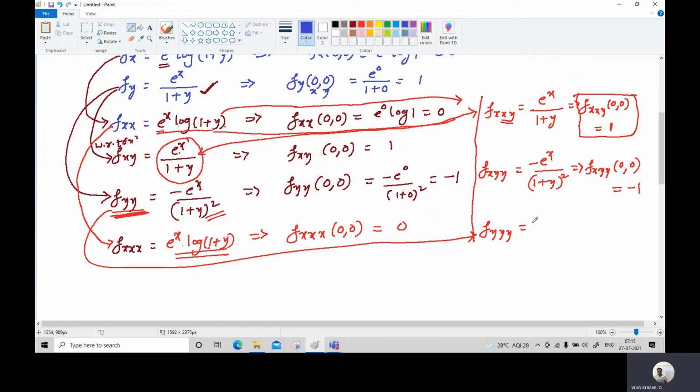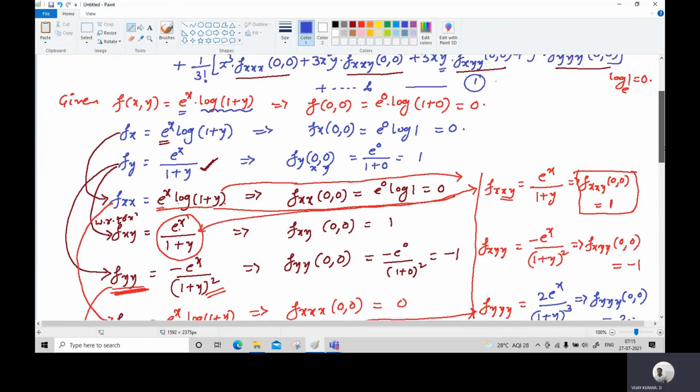Already negative sign is there. So you will get minus of minus, plus 2 times e power x by 1 plus y whole cube. Okay. F triple y at origin is equal to 2 into e power 0, which is 2 only. Denominator is 1.